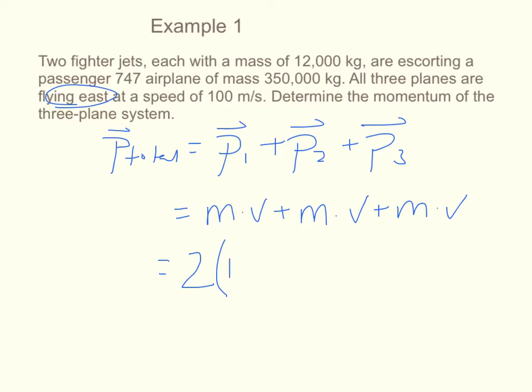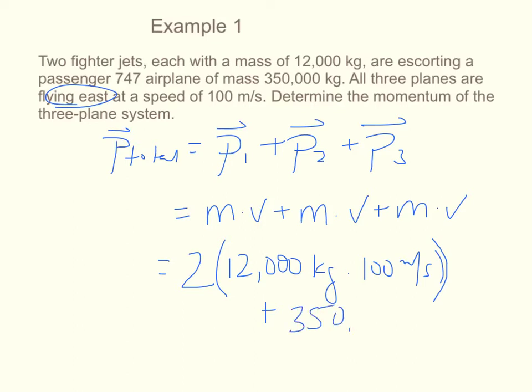That momentum is 12,000 kilograms multiplied by 100 meters per second. So this is 1 fighter jet times 2, and we're going to add to that the momentum of the passenger plane, which is mass times velocity of that, and the mass is 350,000 kilograms times also 100 meters per second.